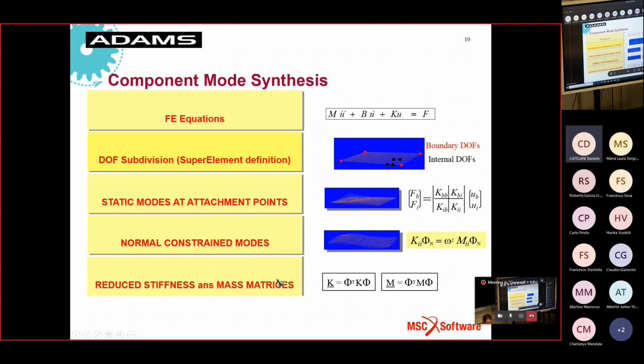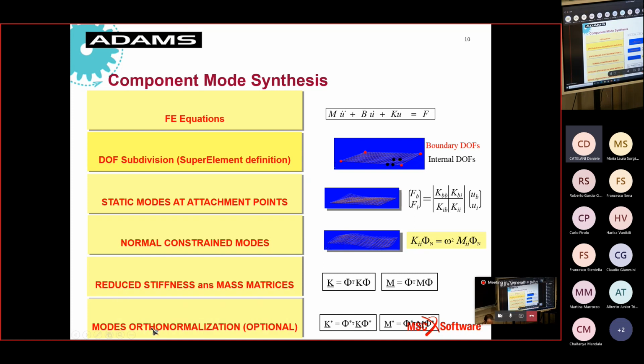This information is included in a specific reduced stiffness matrix and mass matrix, plus node information, geometrical information, mesh information, frequency information, damping information, etc. And at the end of this, automatically, the finite element code performs a so-called orthonormalization analysis only to create a new modal basis more efficient for multibody analysis.